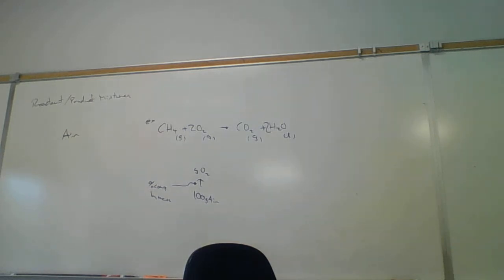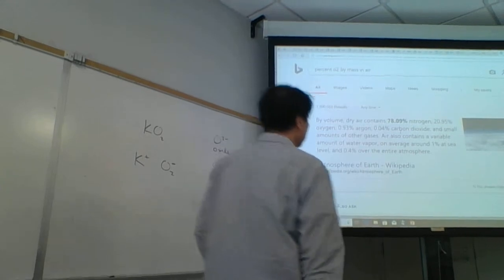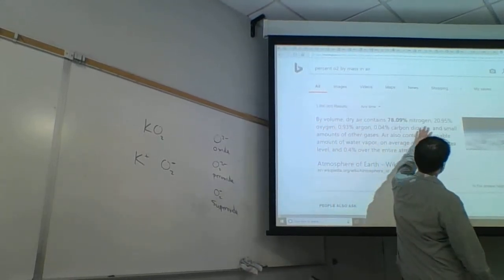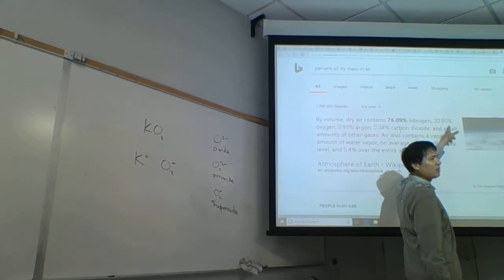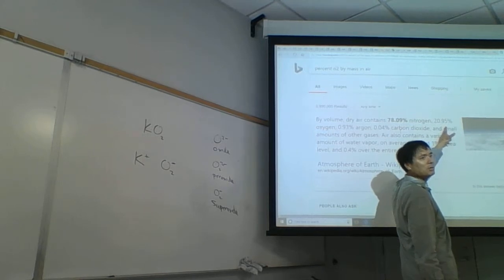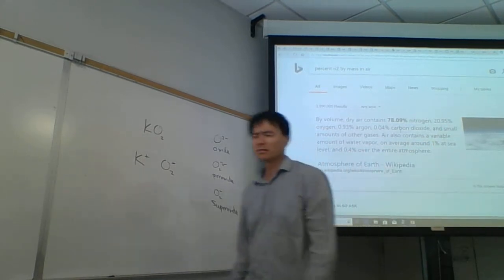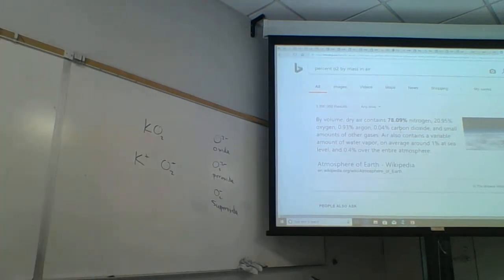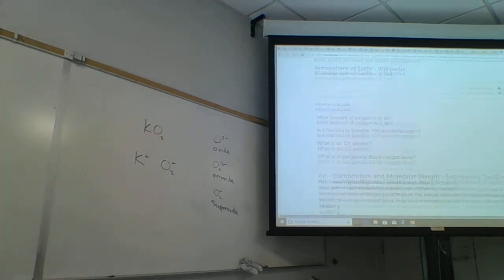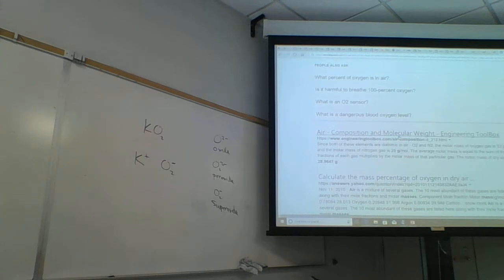We have to be careful because when I look at this, it says that air is 20.95% oxygen. But that's not by mass. Do you know what this is by? This is by mole. This is what we call mole percent. That's not the percentage I want. I want a mass percent, and so I've got to find the mass percent here.